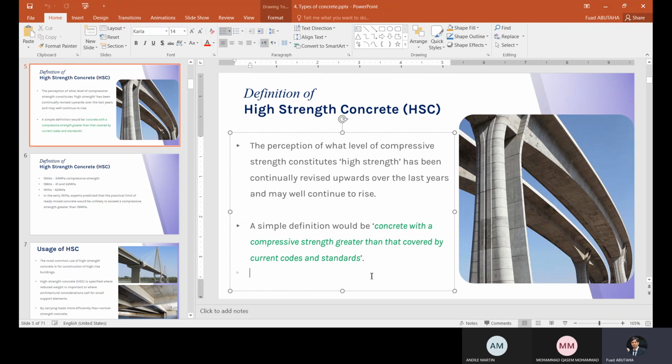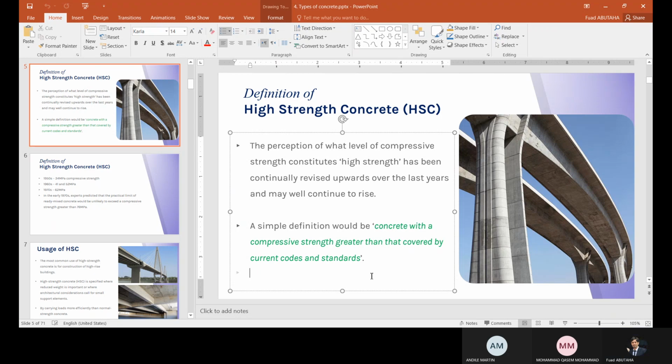If you want to design a concrete with 30 megapascal, you follow the steps and the calculation according to the standard, and you will come out with the ratios between cement, aggregate, and water, and any admixtures.